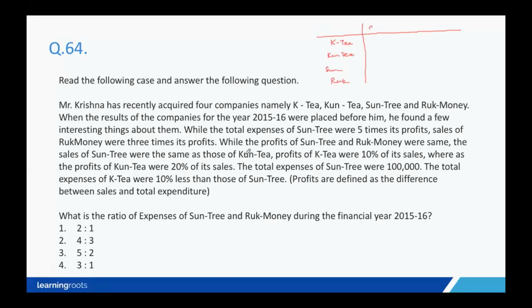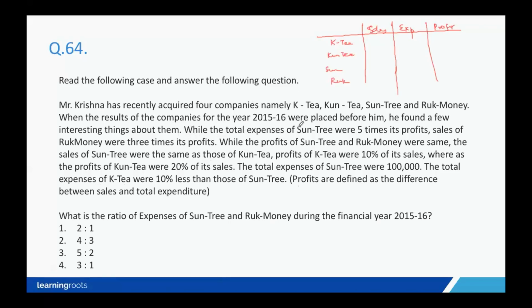Sales and revenue basically mean the same thing. Sales here and expenses and profits. Profits are defined as sales minus expenditure, so whatever is the sale minus the expenses will be equal to the profit. That's pretty logical.